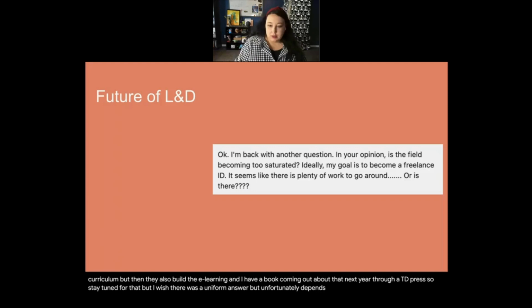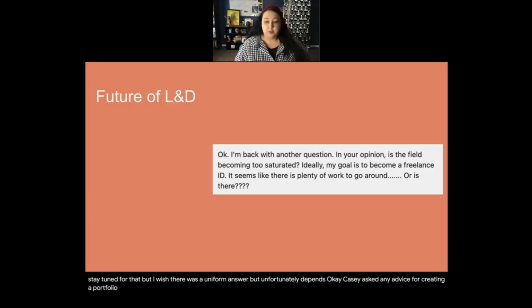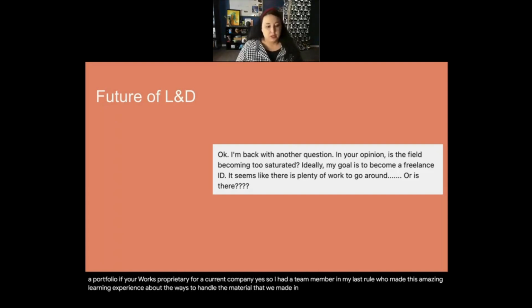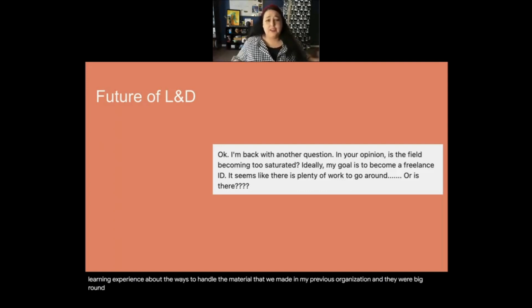All right. Casey asked, any advice for creating a portfolio if your work's proprietary for a current company? Yes. So I had a team member in my last role who made this amazing learning experience about the ways to handle the material that we made in my previous organization. And they were big, round, disc looking things, right? And it has a hole in the middle.